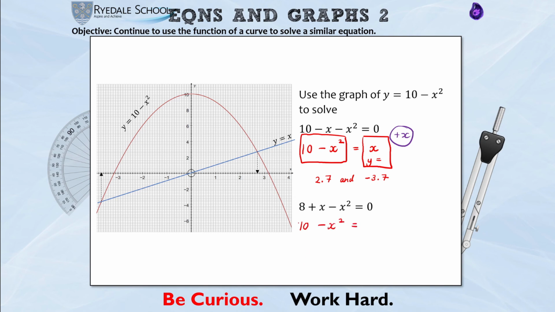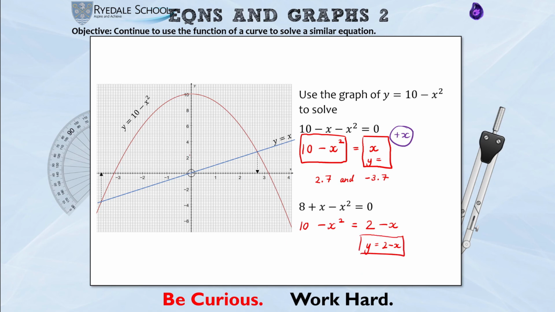Well, I can see I'm going to need an extra 2, and I'm going to need to subtract that x. The negative x squared is fine. So if I'm adding 2, I'm going to have 2, and if I'm subtracting x, I need to draw the graph of y equals 2 minus x.